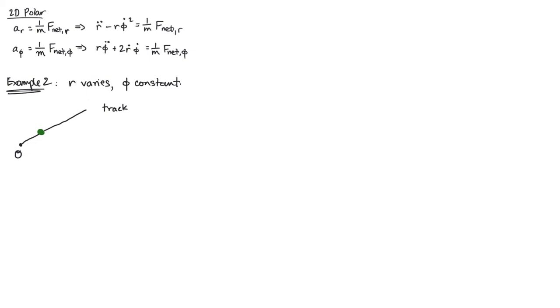For Newton's second law, we have r double dot minus r phi dot squared is equal to 1 over m times the net force in the radial direction. But if phi is constant, that tells us that phi dot is 0. So the second term on the left-hand side is gone, and we are just left with r double dot is equal to 1 over m times the net force in the r direction.